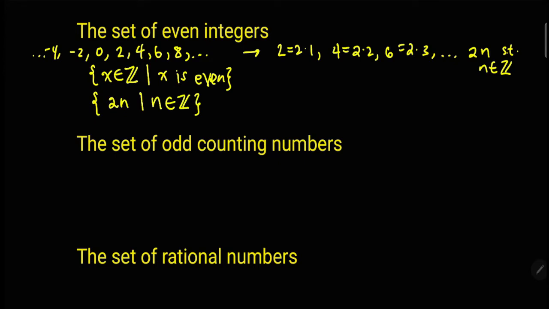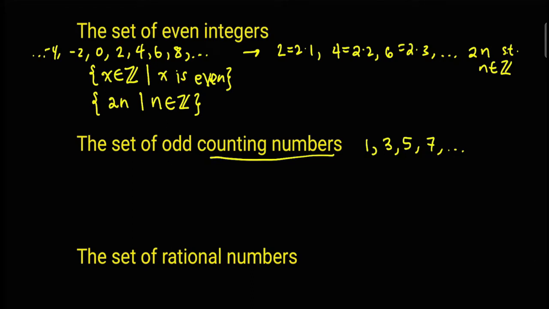Similarly, we can do that for the set of odd counting numbers. So, what is the set of odd counting numbers? So, this comprises the numbers 1, 3, 5, 7, and so on. Now, because we specify this to be counting numbers, we don't have negatives. We do not include the negative odd numbers.